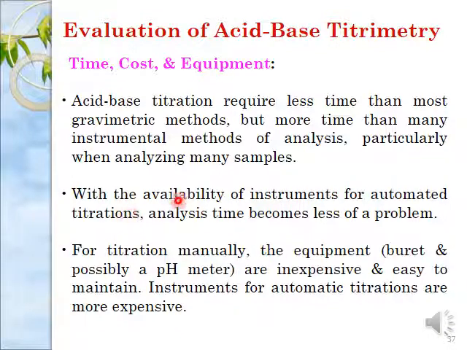Unlike when you use an instrument, you have to wait for the availability of the instrument. In terms of titration, when we use a pH meter to identify its equivalence point or endpoint, we only need a pH meter, which is quite cheap compared to other high-end instruments.